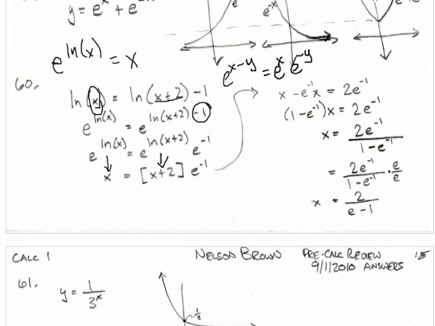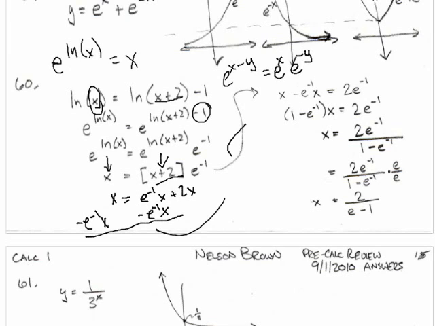I can distribute this e to a negative 1 to both terms inside this quantity. And then I subtract e to the negative 1 x on both sides, so I would get x equals e to the negative 1 x plus 2 e to the negative 1, and then I subtract e to a negative 1 x from both sides, and I get this.